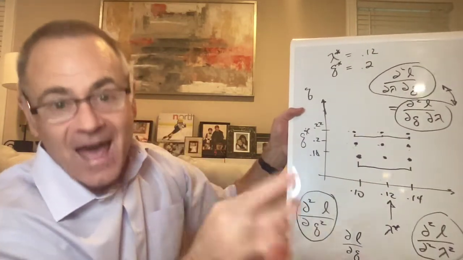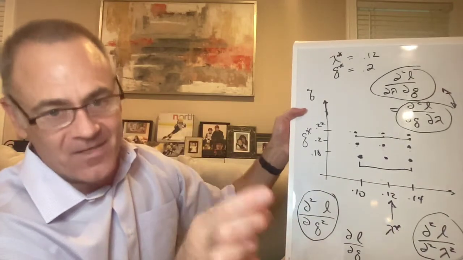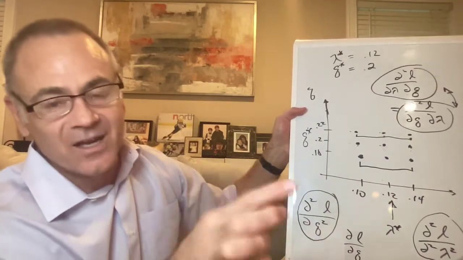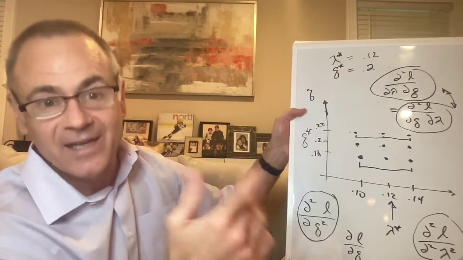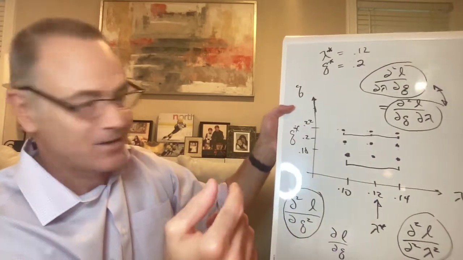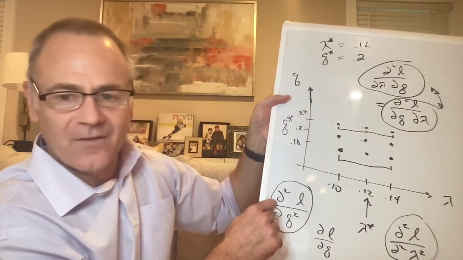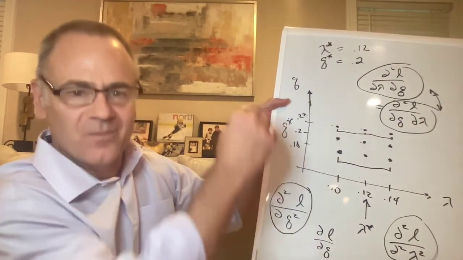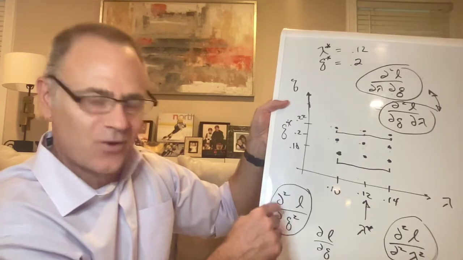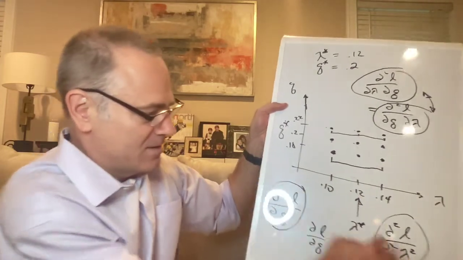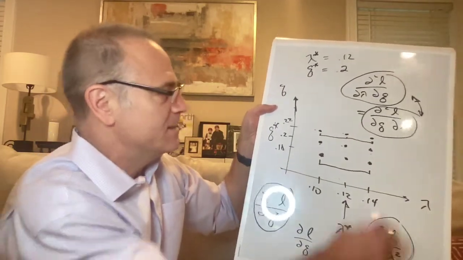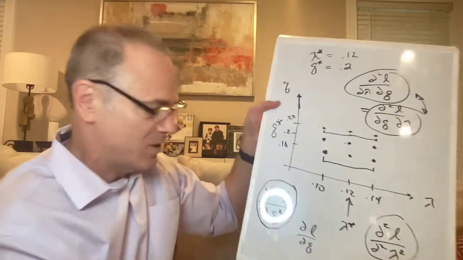Remember, you take the negative of that, and that is going to give you what we call the variance covariance matrix.